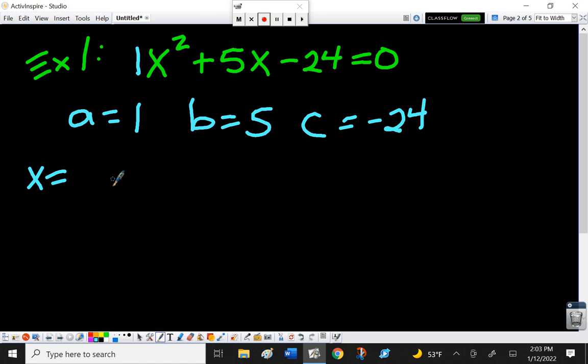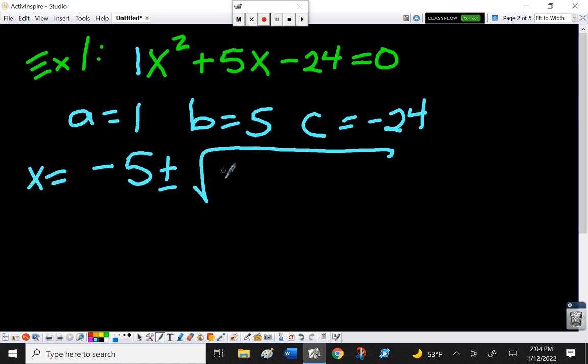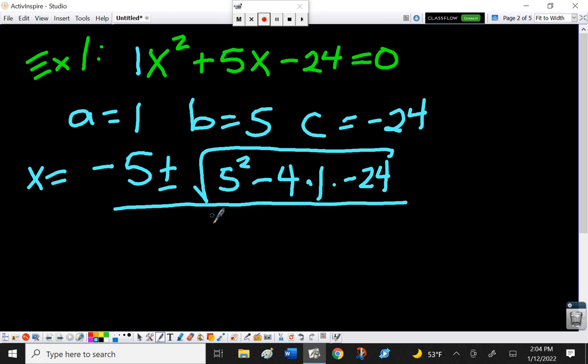X equals, we're going to do the opposite of b, which is the negative 5, plus or minus the square root of b squared, which is 5 squared, minus 4, which is part of the formula, times a, which is 1, times c, which is negative 24. And all of this will be divided by 2 times the a value, which in this case is 1.